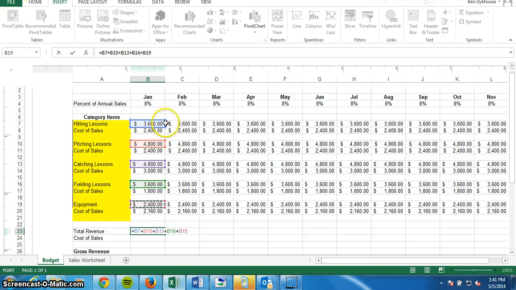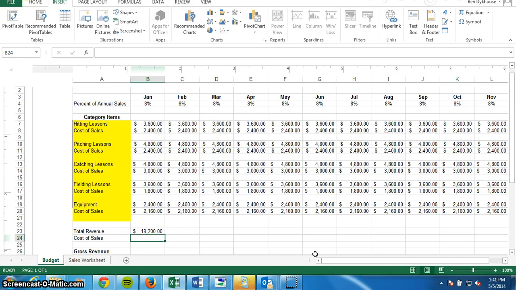So I make sure that I have all my revenue categories added and there's a plus in between, and then I'm going to press enter. And there's my total revenue for the month of January.